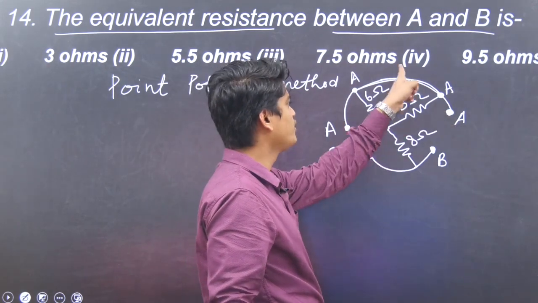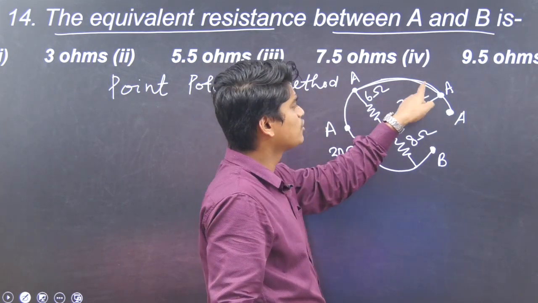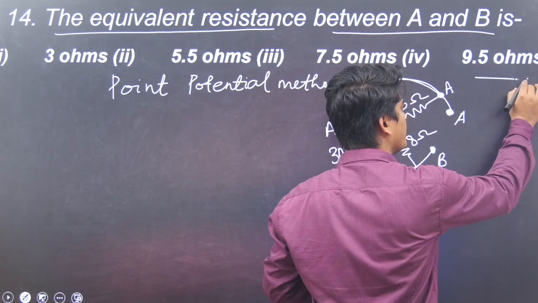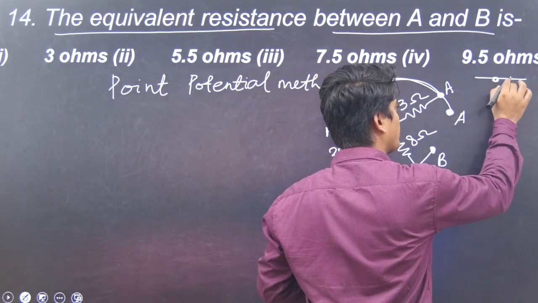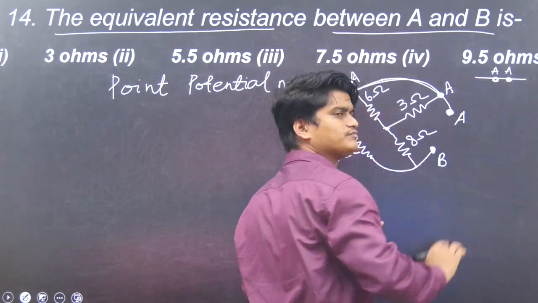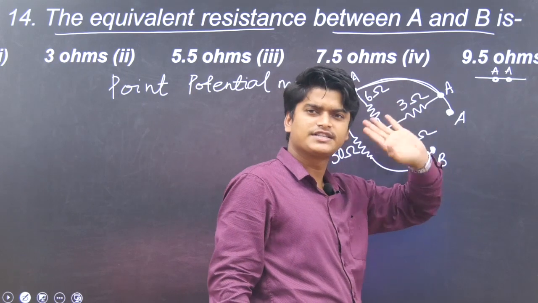Understand? I am taking the A point here because these are the same potential points. If a circuit element is not there, this will be the same potential. Always remember, if it is a wire, whatever potential I keep here will be the same, because it is a wire. In one line, always remember it is the same potential.